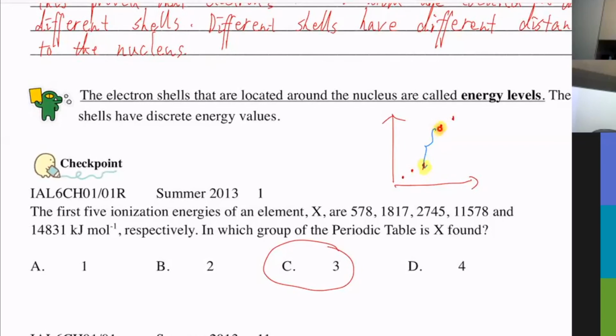So here the big gap tells you there are 3 electrons in the outermost electron shell. The 4th one is already from the next electron shell. These electrons are much closer to the nucleus. They are not in the same electron shell. So it should be in group 3.